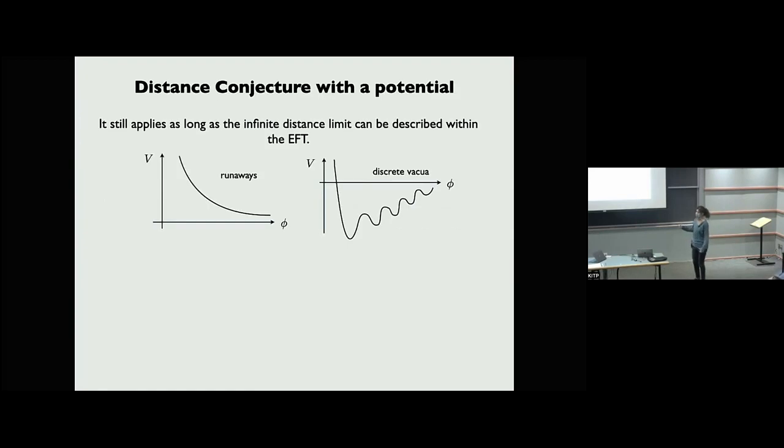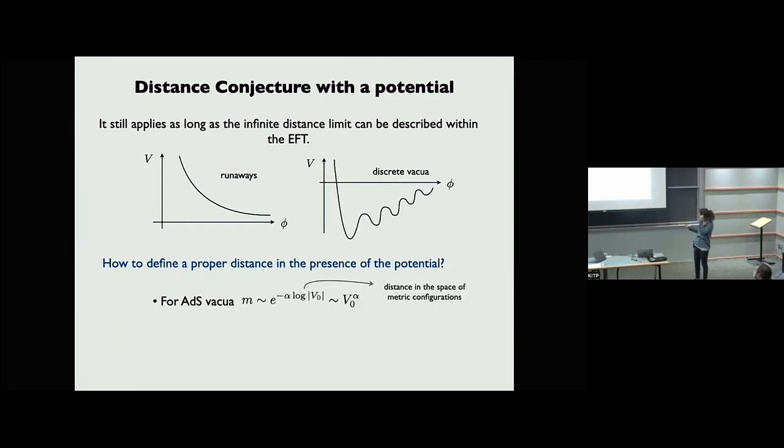For instance, I can have some runaway behavior, or I can have discrete vacua, and what seems to happen from string theory is that the distance conjecture still works, in the sense that you still get an infinite number of states becoming massless at the infinite distance limit, even if you have a scalar potential, as long as, of course, the potential is not obstructing the infinite distance limit. So below a certain cutoff, you can still describe an EFT which has an infinite distance limit in this field space. But it's still not obvious how to properly define the distance, how to show the exponential behavior of the tower.